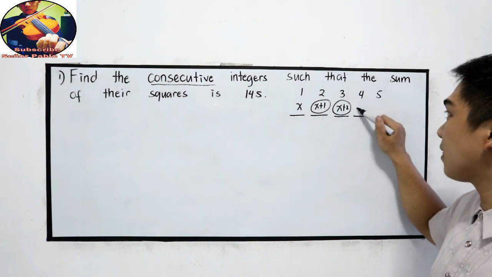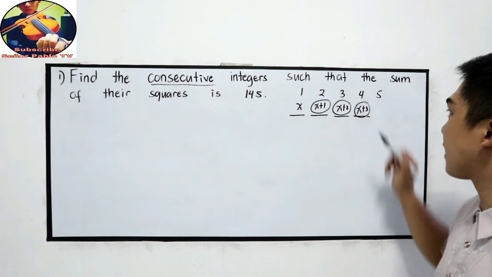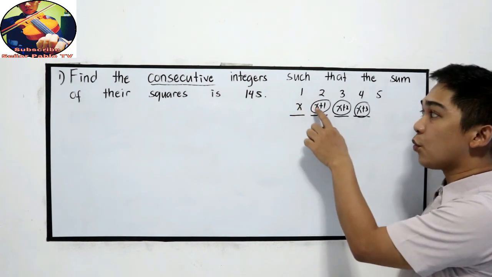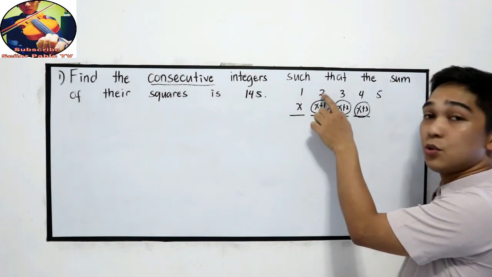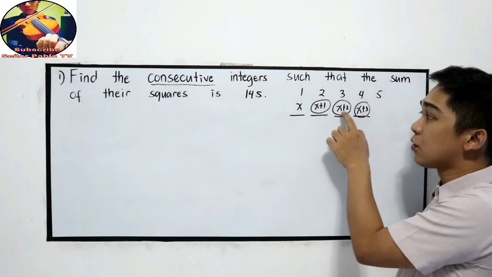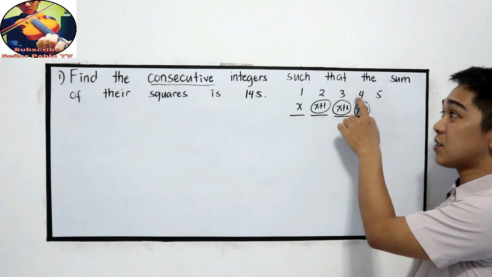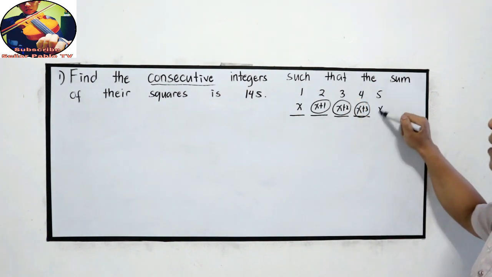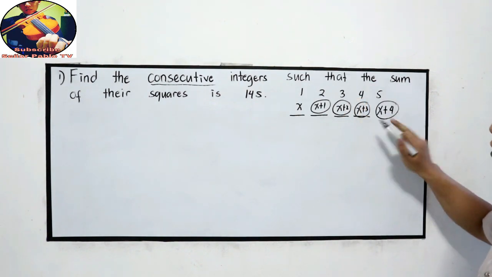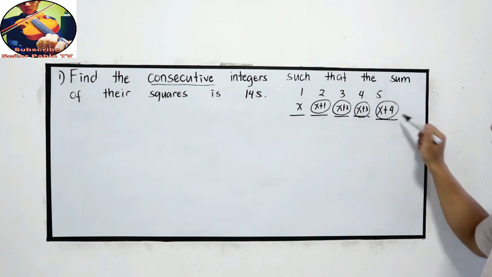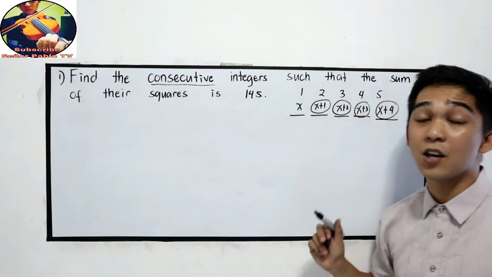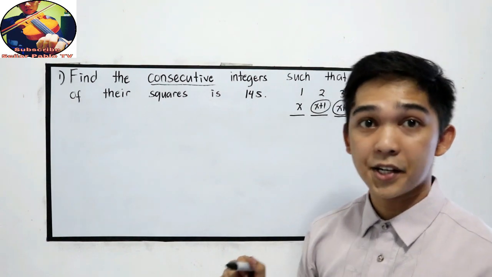Yung ika-apat, nag-add tayo ng tatlo. I-check natin. If x is equal to 1, so 1 plus 1, that is 2. 1 plus 2, that is 3. 1 plus 3, that is 4. Then, x plus 4, so 1 plus 4, that is 5. So ito yung ginagamit natin sa ating consecutive integers.